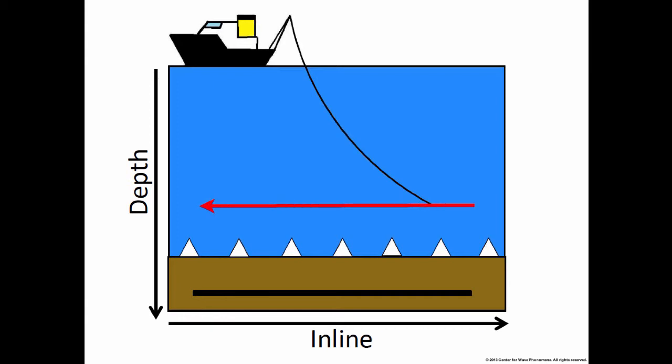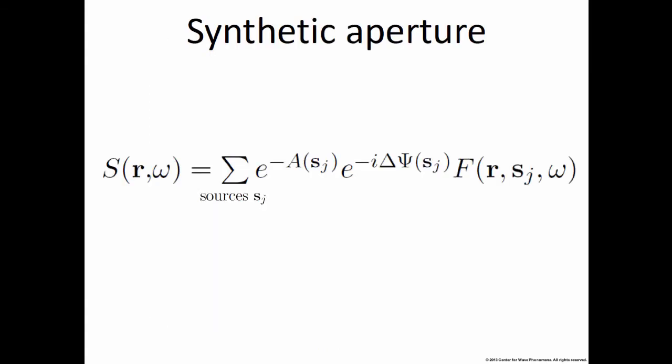And because we're adding these individual sources, we can apply weighting to the sources before we add them together to steer the source. And the process is summarized in this equation, where an individual source is multiplied by weighting terms and then summed with the other sources we're using in our synthetic aperture. So here, S sub j is the location of an individual source, and R is the location of the receivers.